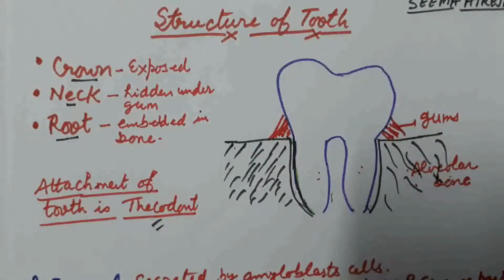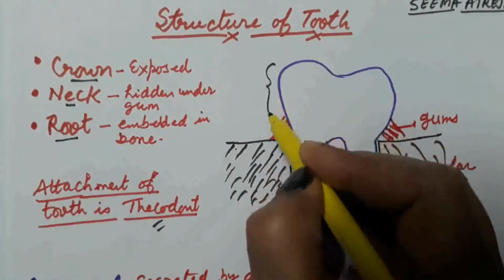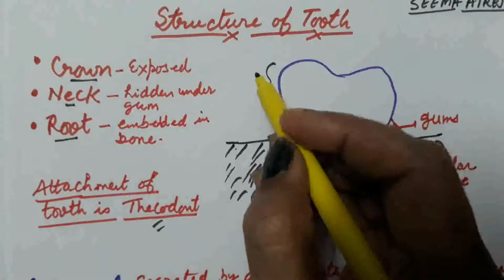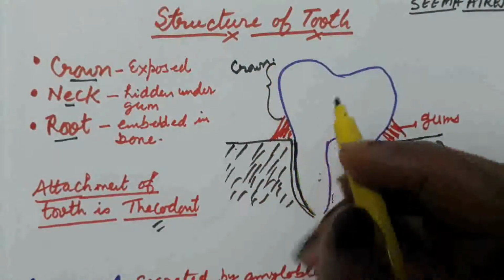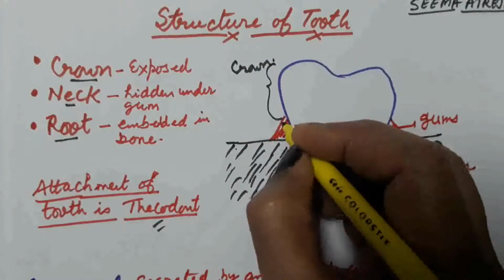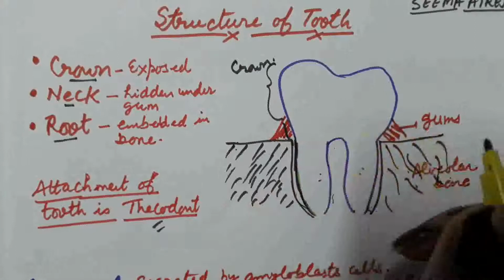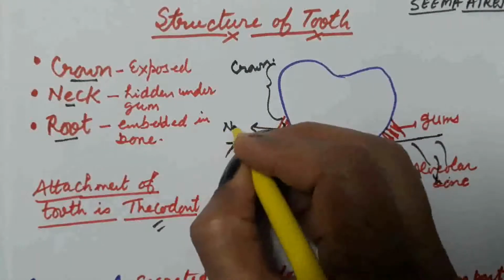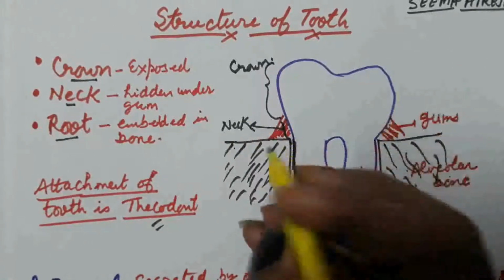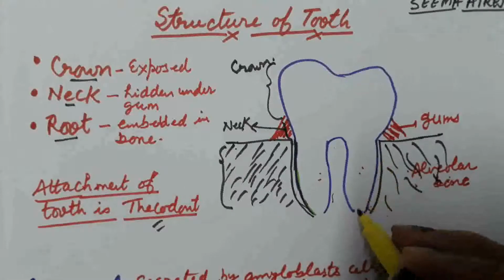Now we name the three parts of the tooth. This exposed portion we call the crown. This is the part which is hidden under the gum. We call it the neck region. And this is the part of the tooth which is embedded in the sockets of the jawbone.